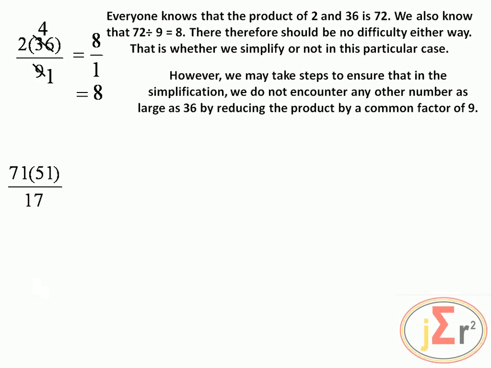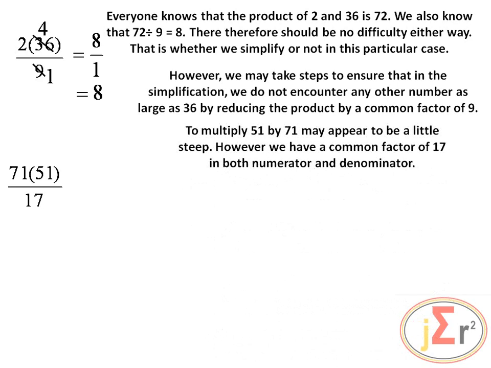Now look at this one, 71 multiplied by 51. I am sure that we will want to avoid multiplying 71 by 51 if we can, and surely we can. To multiply 51 by 71 may appear to be a little steep. However, we have a common factor of 17 on both numerator and denominator.